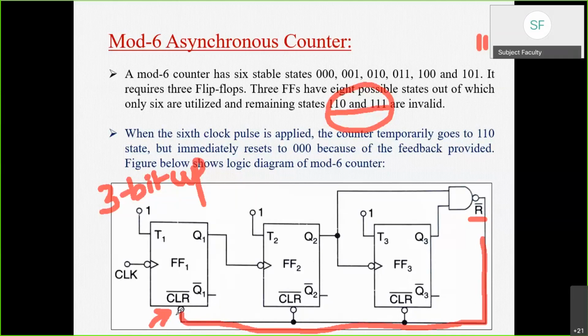This bubble indicates that it is active low. Remember this word, active low. What it means is that only when the value of this pin is 0, it will be active. It is called active low.